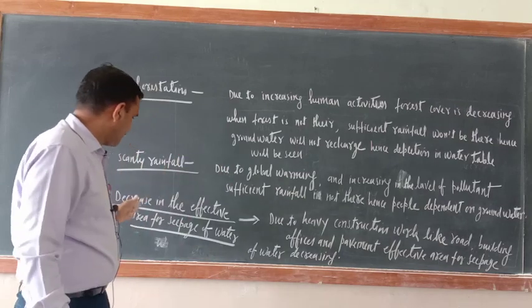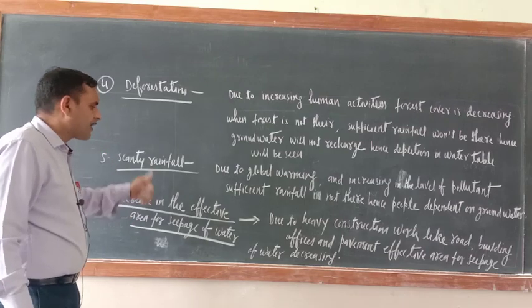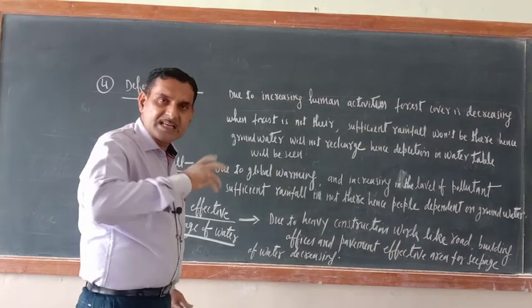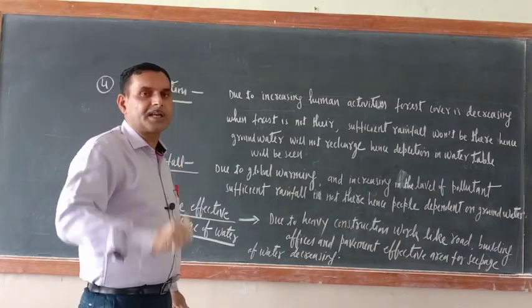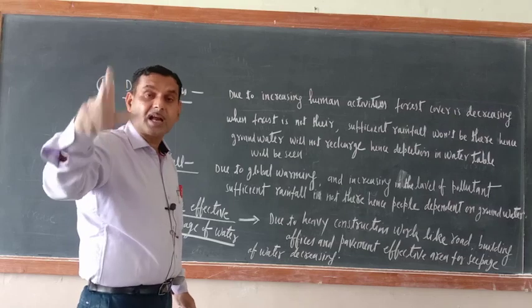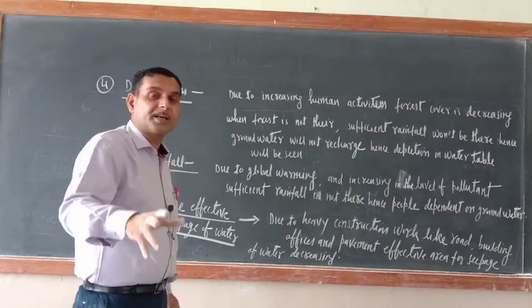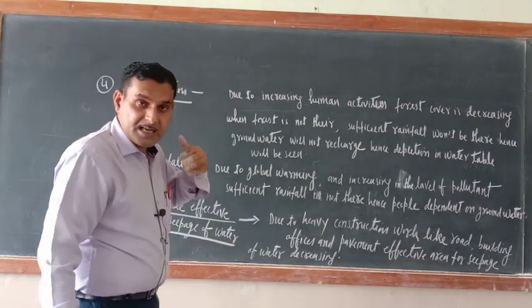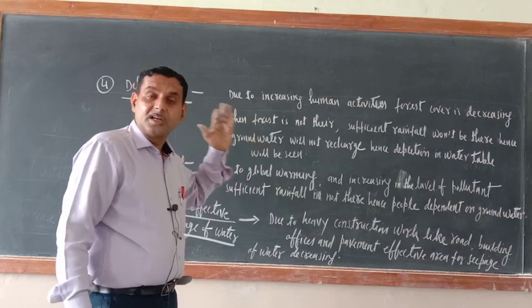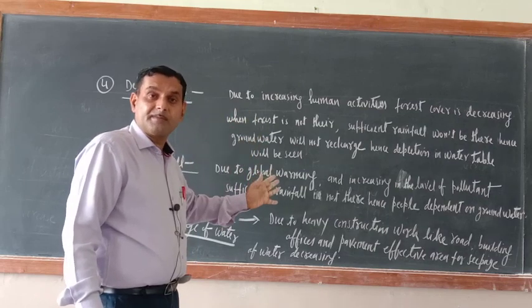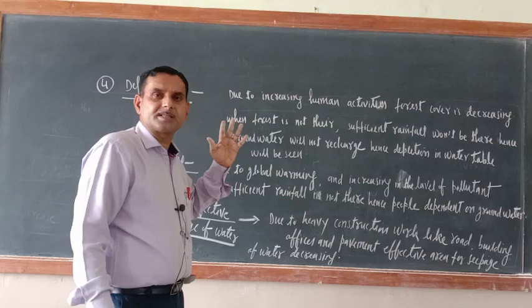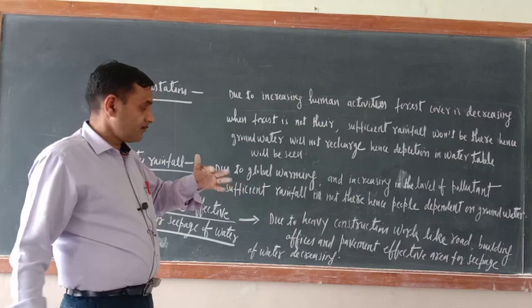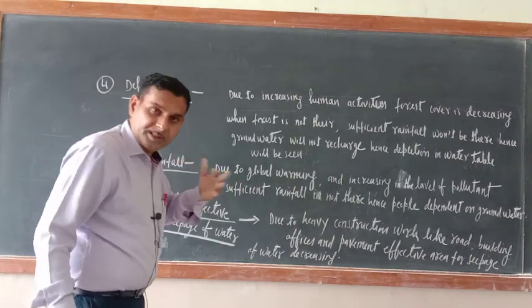Another one is decrease in the effective area for seepage of water. I have already explained this one. Due to massive construction work in our locality, in our district, in our state, in our country, what is there? Effective area for the seepage of water is decreasing because massive roads, offices, buildings, pavements, tunnels, so many things are being constructed.